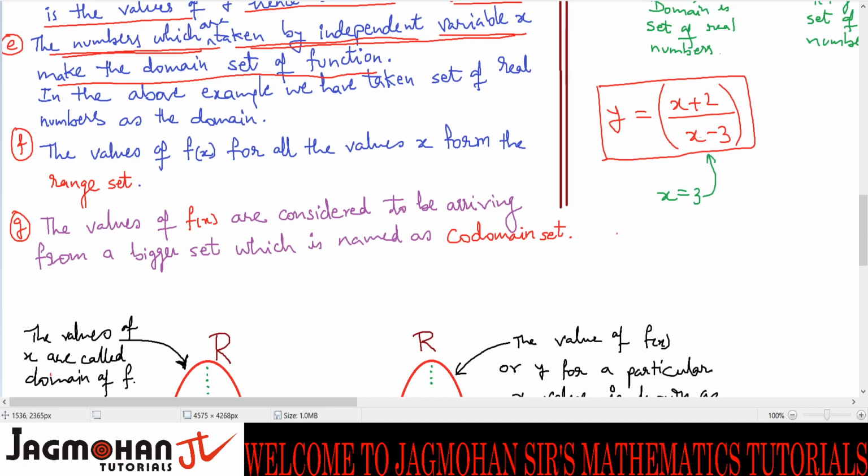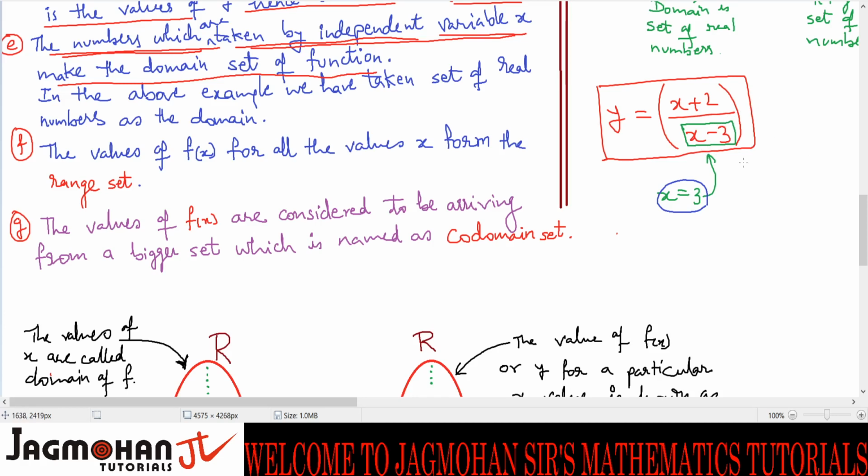The reason is, if you put x as 3, then look at the denominator. This will become 3 minus 3 equals 0. That is what I meant by saying permissible value. So here x equals 3 is non-permissible, and hence the domain of this function is all the permissible values.